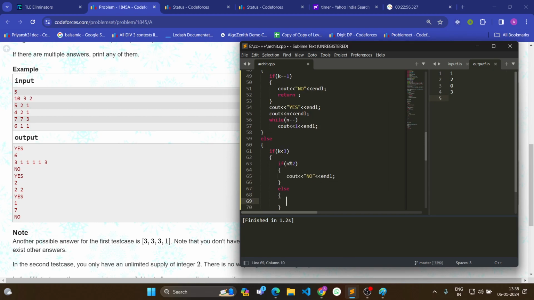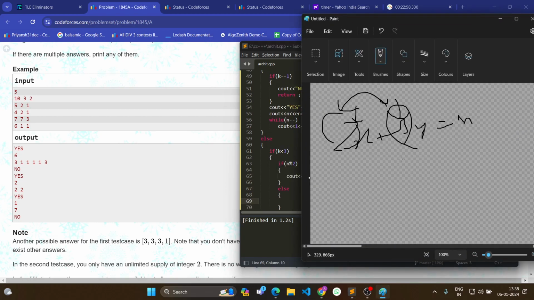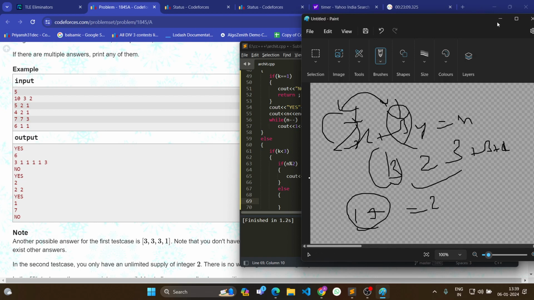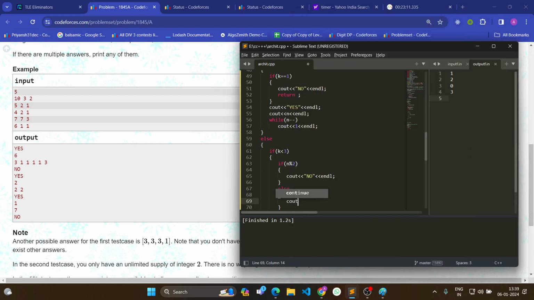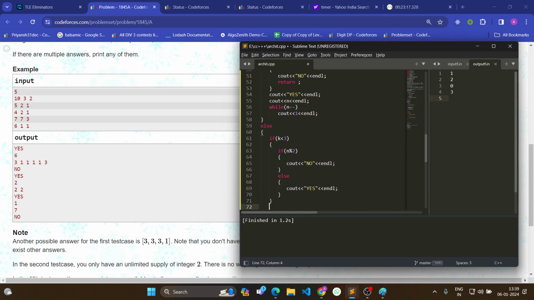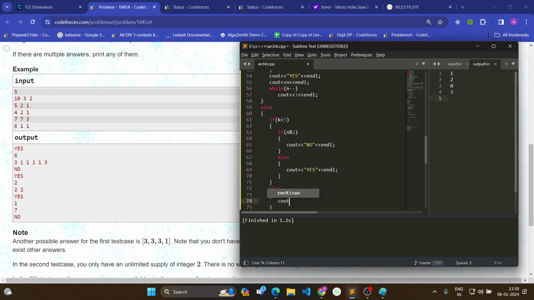Else, let's see if we can make 13 using 2 and 3. So 3 plus 3, 9, plus 4. Yeah, right. We can make it. Let's see if we can make 17. Yeah, we can do this. Else the answer is yes.